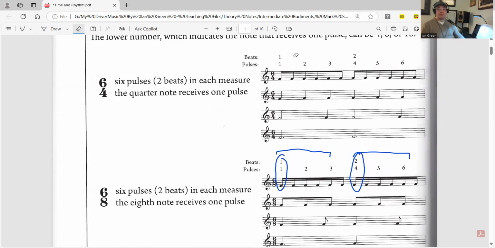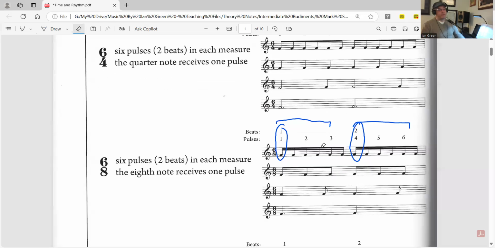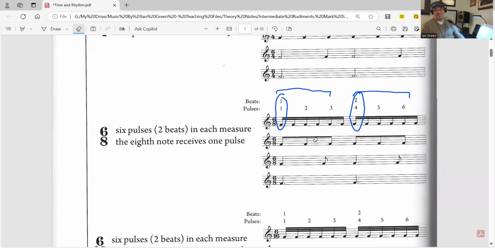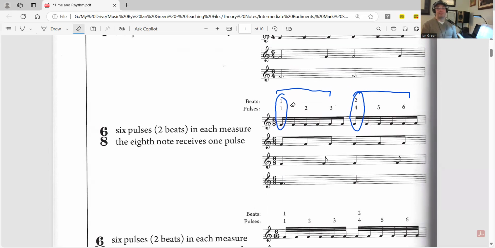So you have 2 main sections to each bar, but also each group is organized into groups of 3. So 2 times 3 is 6. So in a 6/8, 6/4, or 6/16, 1, 2, 3, 4, 5, 6, 1, 2, 3, 4, 5, 6. You have 2 groups of 3 with an emphasis on the first beat and also on the fourth beat.